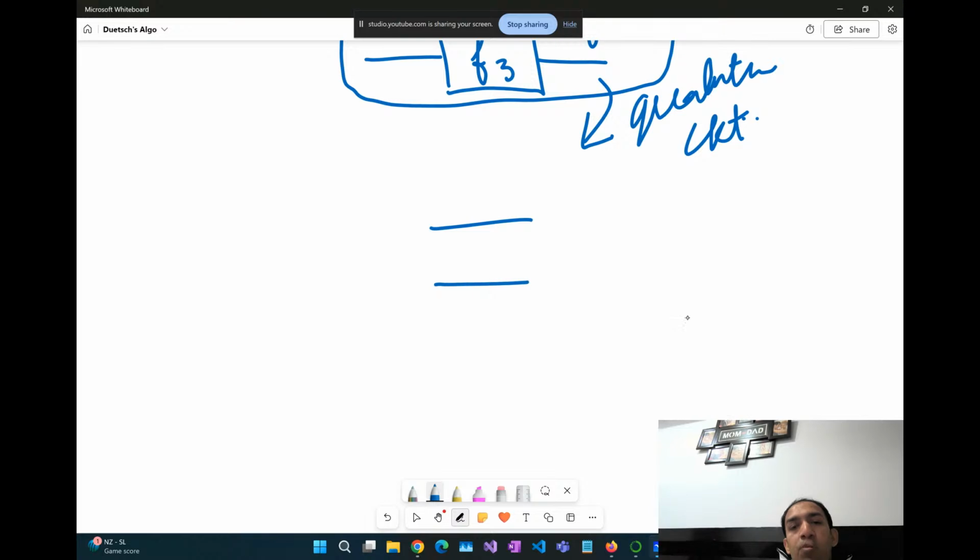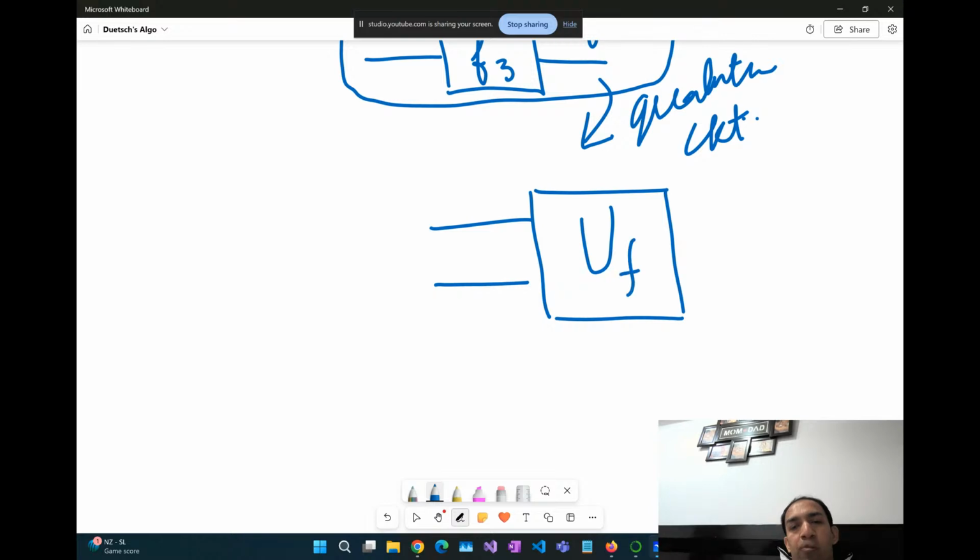So if you look at this particular Uf, right, and we sometimes call it Oracle as well. So it may be Uf or Uf3, whatever you can call it. But this is a generic circuit for any kind of function you may have in the classical world.